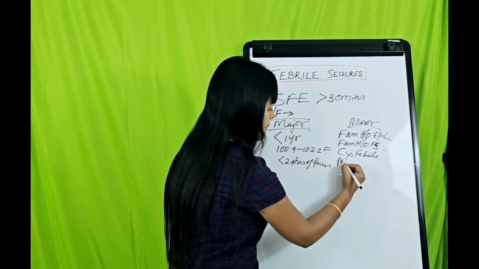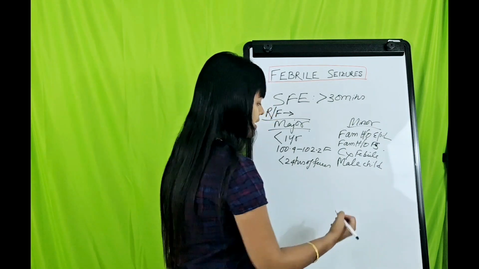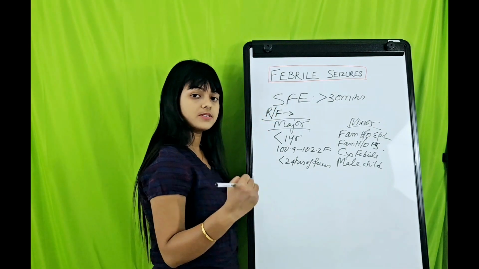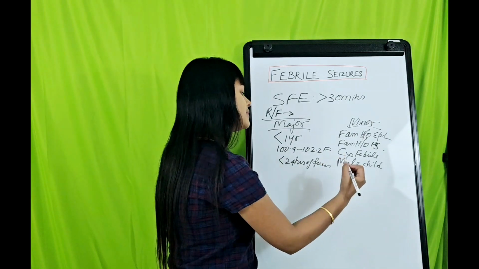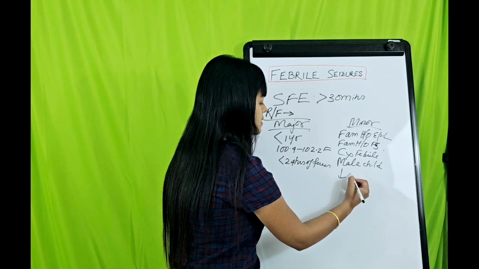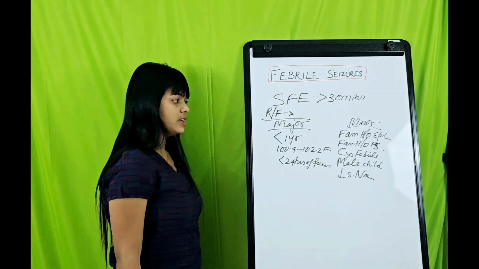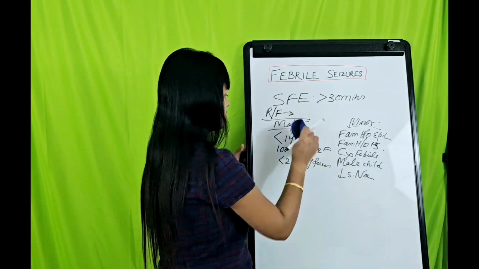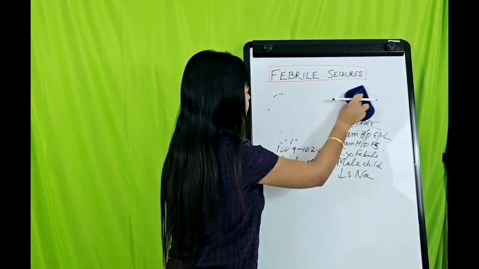If it is a male child, see student, very important, then also there is a high chance of getting recurrent febrile seizure, okay. Next is, if the serum sodium level is low at the time of admission, then these are the risk factors for recurrence of febrile seizure.